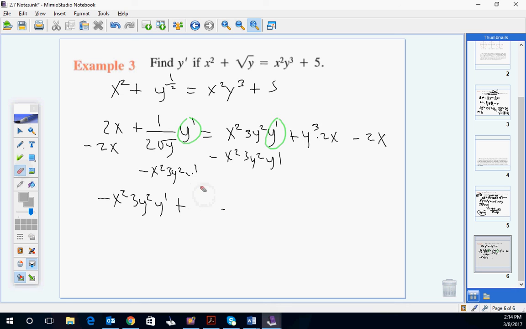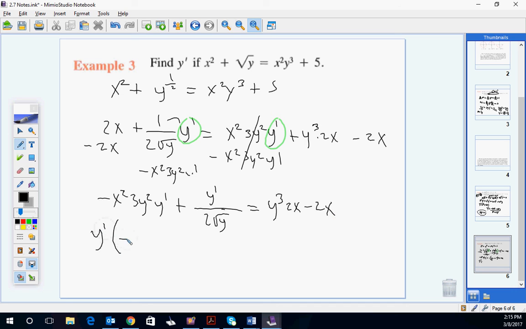Whoa, big eraser. I'm just going to put it on top just so it's one thing. So I move that. Okay, so now we're going to pull the y prime out. And we're going to divide that over.